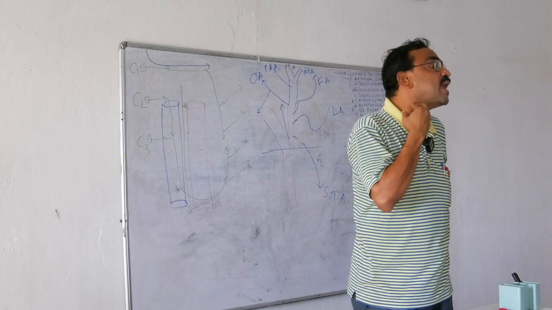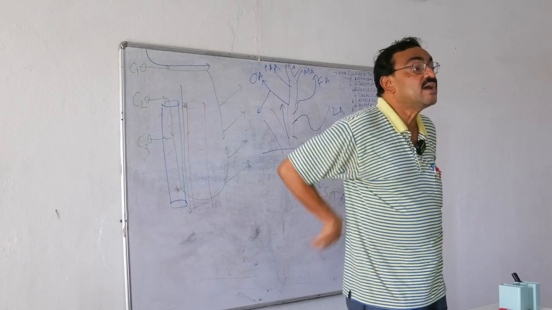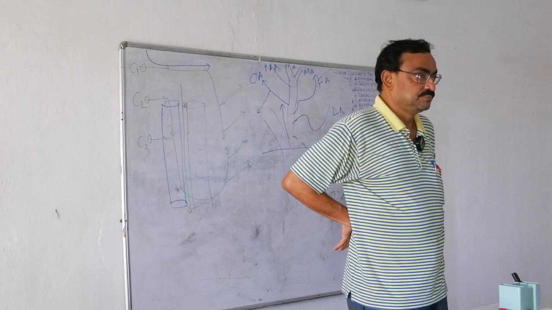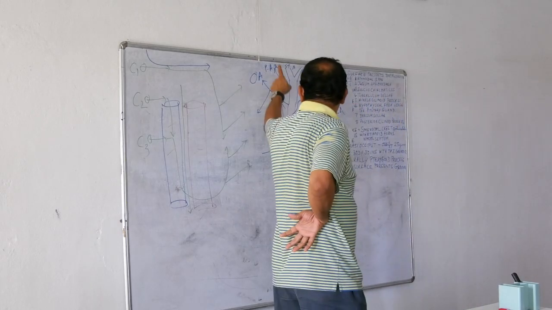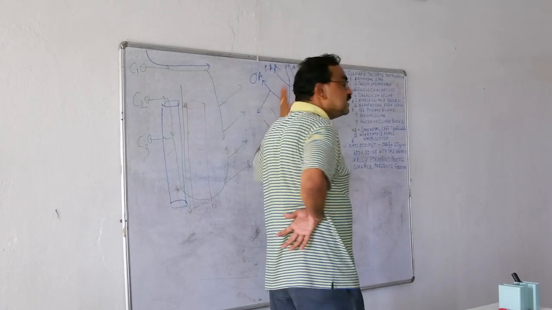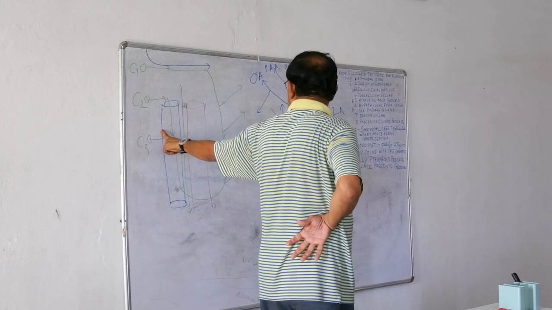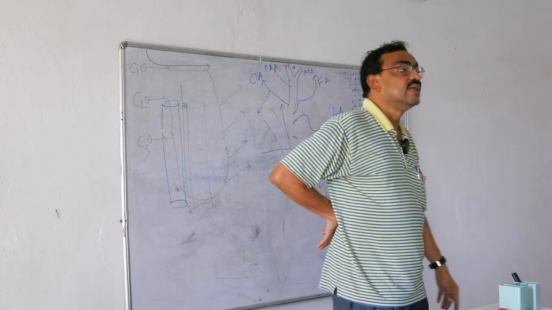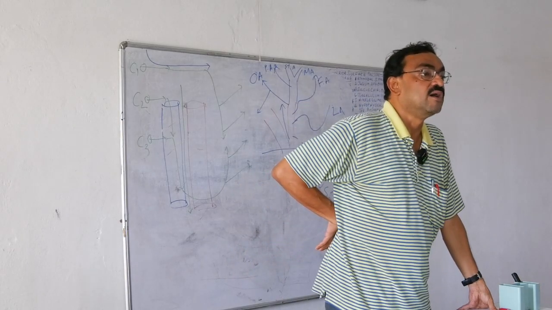So all these branches we will expect in the carotid triangle. In the carotid triangle we will also find on the lateral side the internal jugular vein, and in between we will get the vagus nerve.